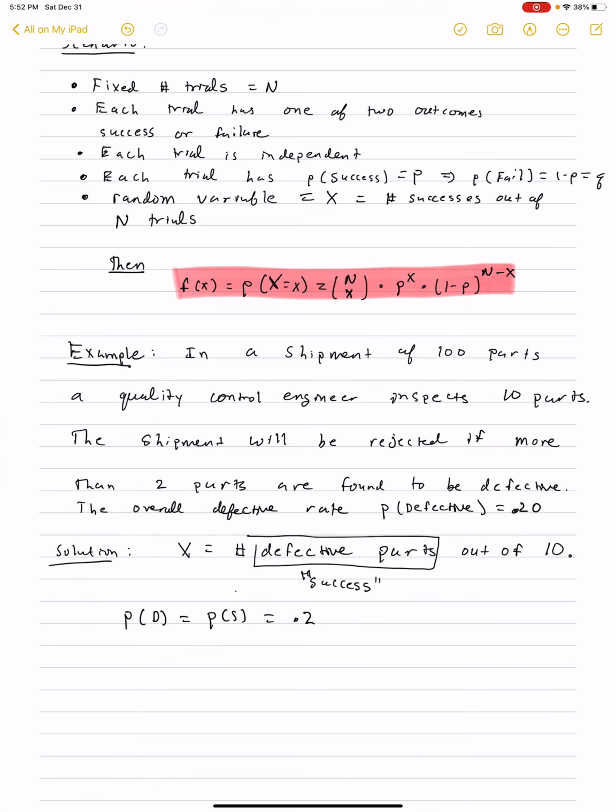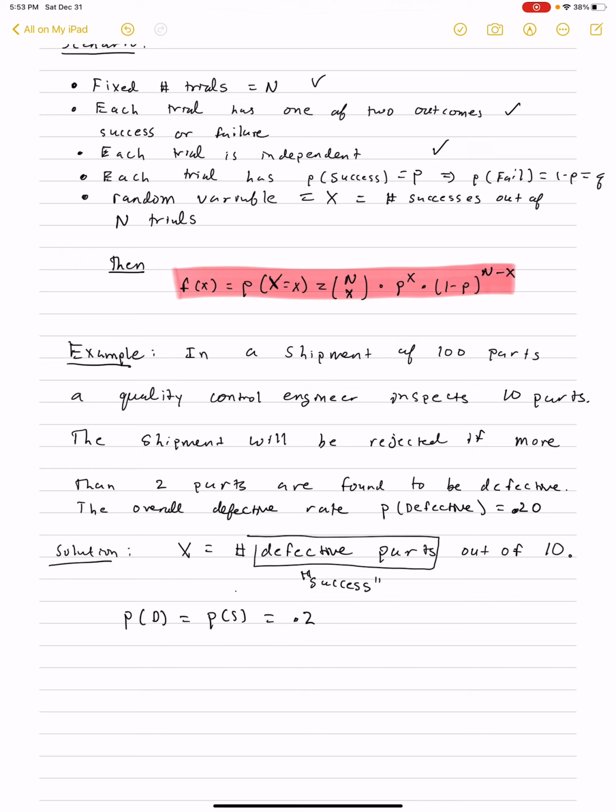Okay. Here we have a fixed number of trials. We're inspecting 10 parts, so that one is good. Each outcome has one of two outcomes, defective or working. So we have that. Each trial is independent. I think that's reasonable because just because one part is defective doesn't automatically make the next part that's inspected defective also.